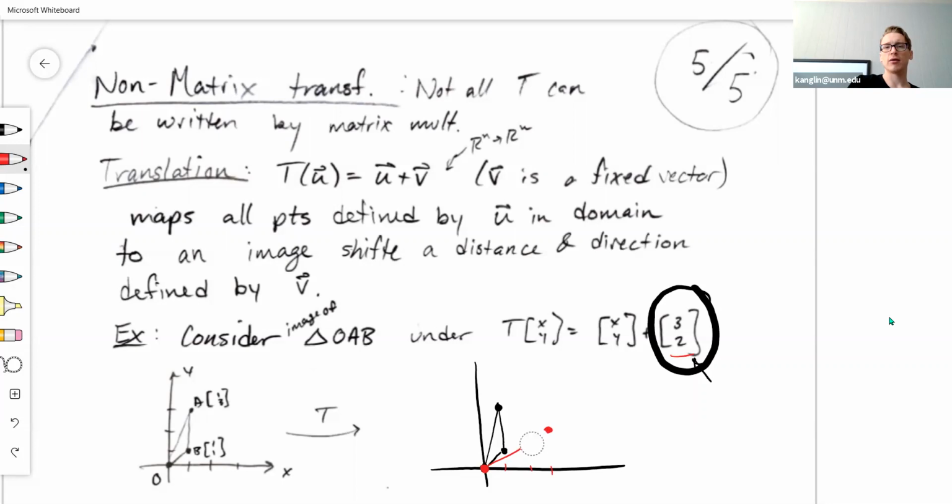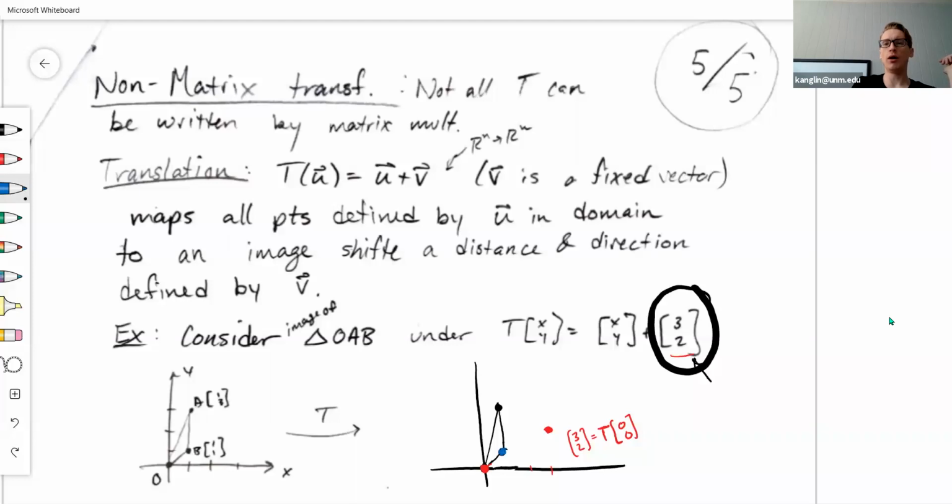Let me even erase that arrow. I don't want that arrow. Okay. Now let's translate this point that was at 1, 1.